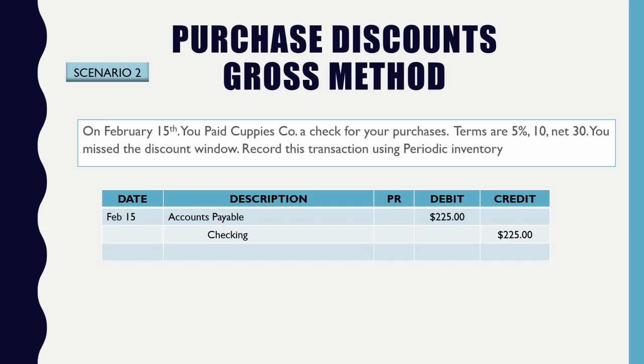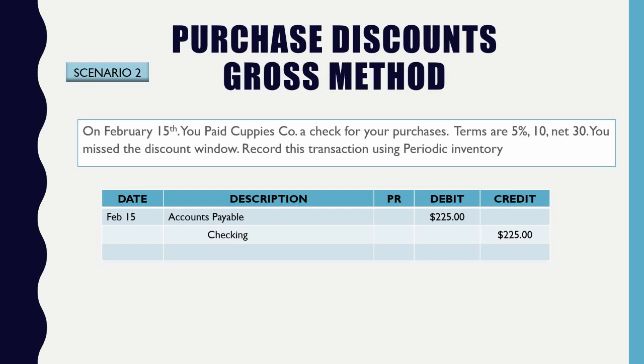It's not something you journalize when you purchase your inventory. Notice this: we purchased our inventory on February 1st. Here we're recognizing when we make a payment and what the dates are when we make those payments. Did we make the discount or not? That's reliant on whether you made a payment. Okay. All right, so that's the gross method for you right there.